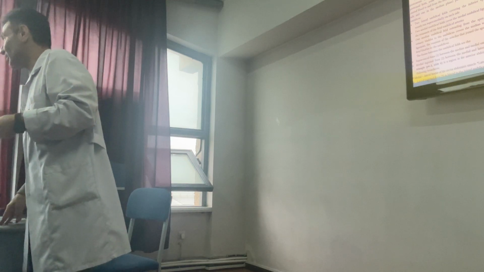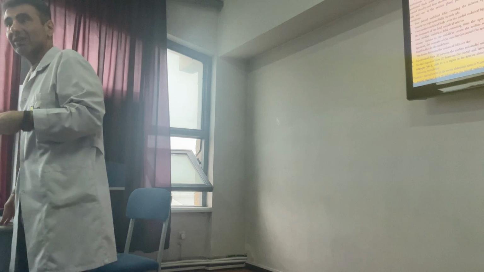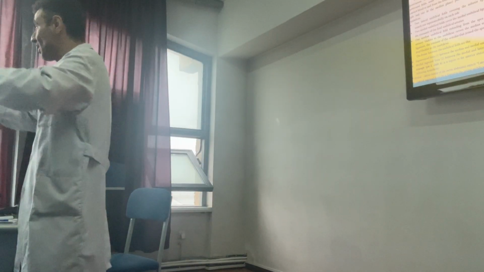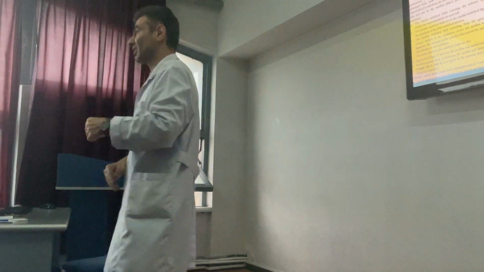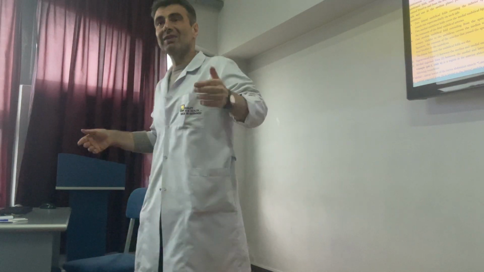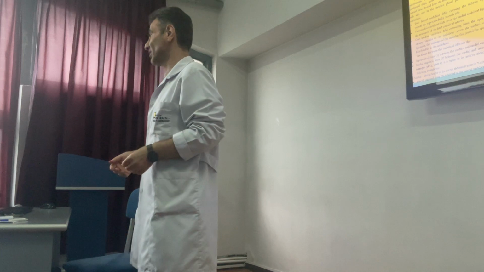For example, the pulmonary trunk is an artery, but it has venous blood. Vice versa, the pulmonary veins, which come to your heart, have arterial blood. But I see you like Christopher Columbus now, you open America, guys. That is very sad, because you have studied 3 years in medical university.